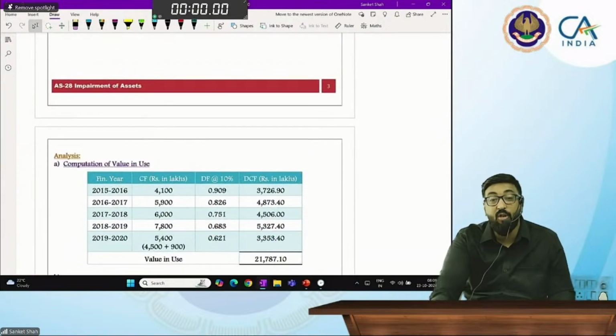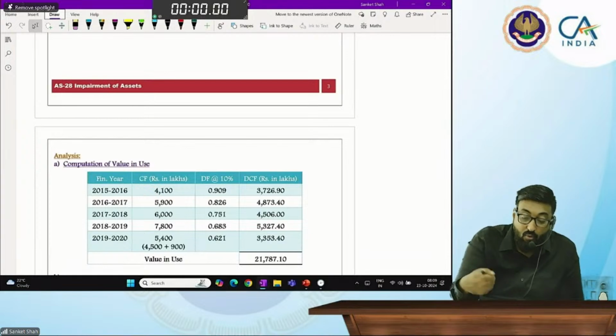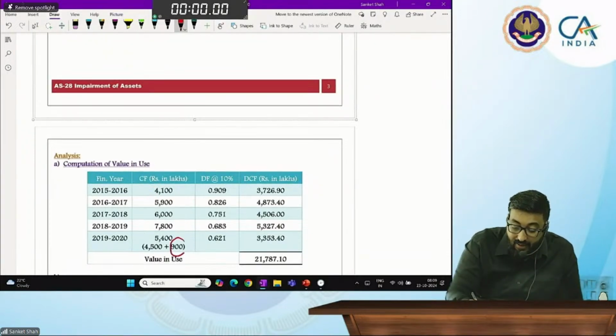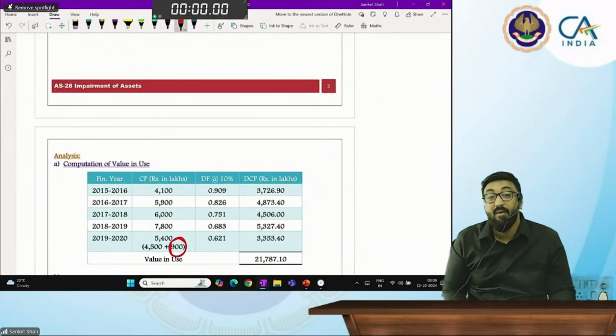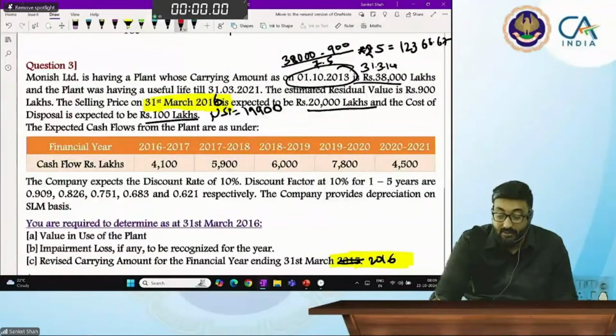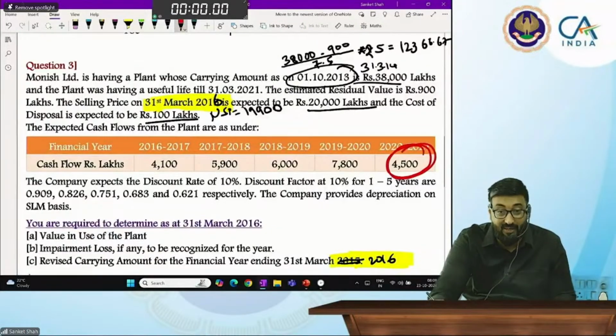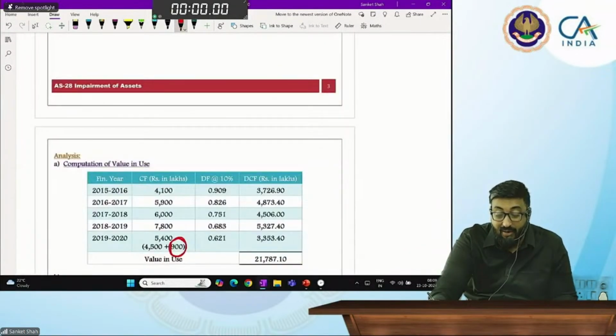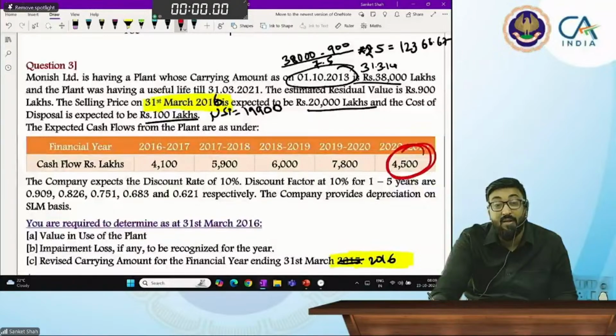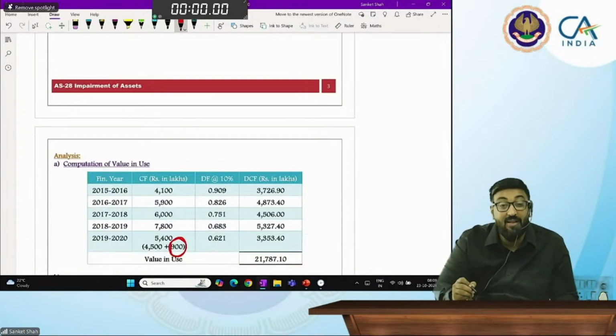And while calculating value in use, you have to add 900 in your cash inflows. This is the cash inflows which you are expecting, and I am getting 900 rupees when I am going to sell the asset. Now this 900, I have to add it in the last year.